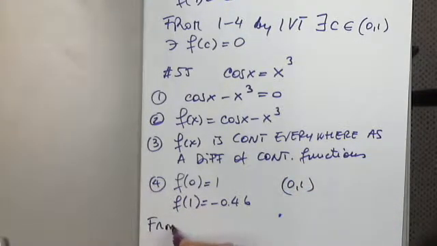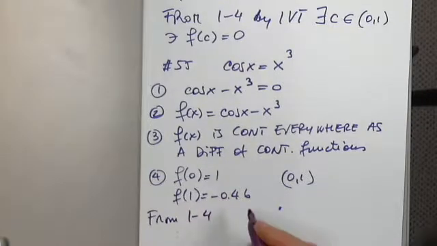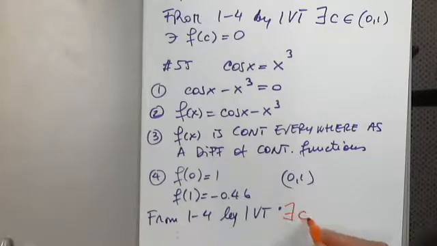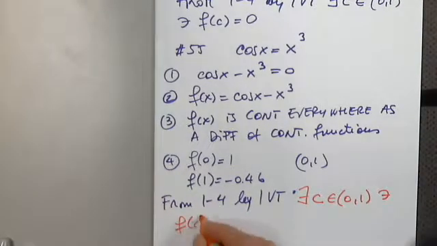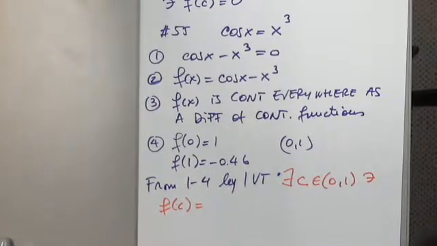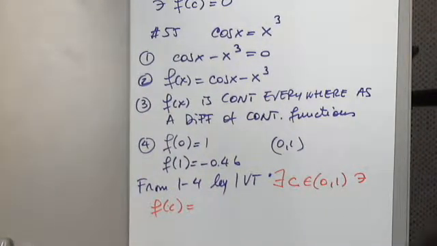So from 1 through 4, and by IVT, what do I conclude? I do not know the 0. I do not know the solution, but I know there is one for sure, guaranteed. So there exists a C in the open interval 0, 1, such that f of C must equal 0. Very good.